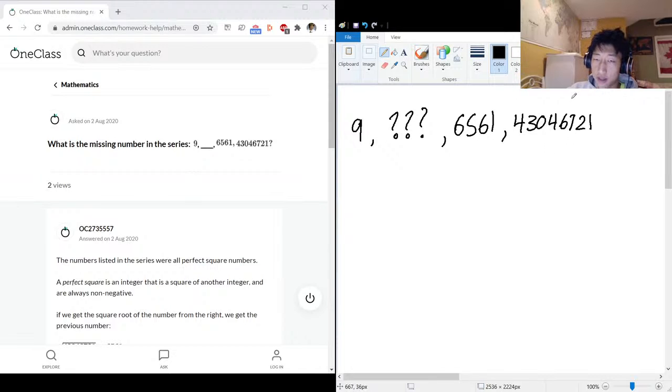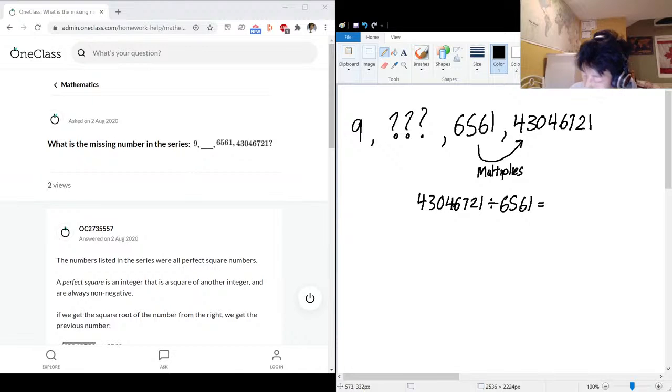So let's divide these terms. We're looking for what multiplies 6561 to get to 43 million or so. So let's do that division. 43,046,721 divided by 6561 is equal to something that I'll figure out with my handy dandy calculator.